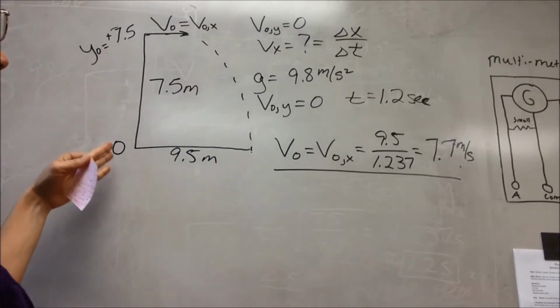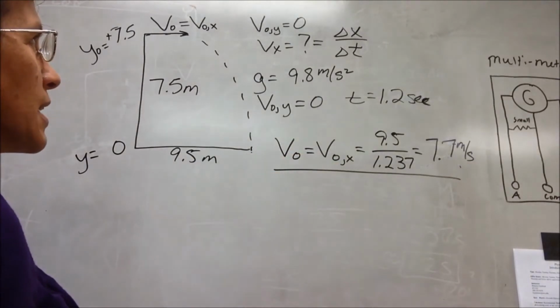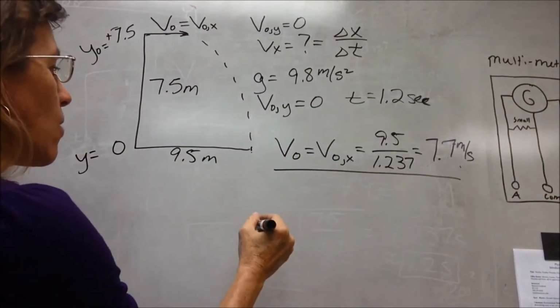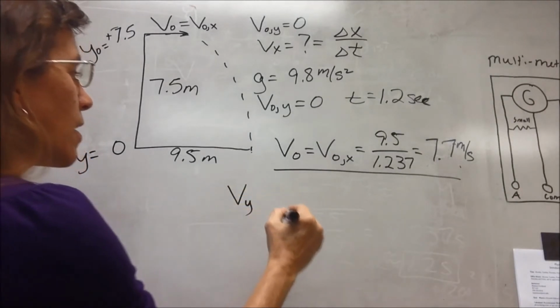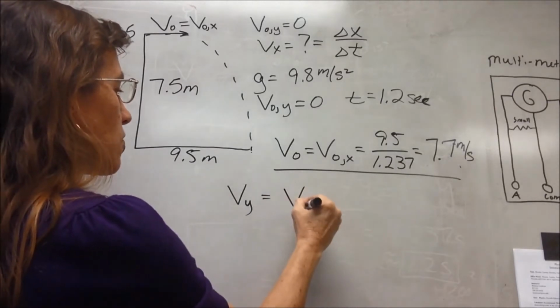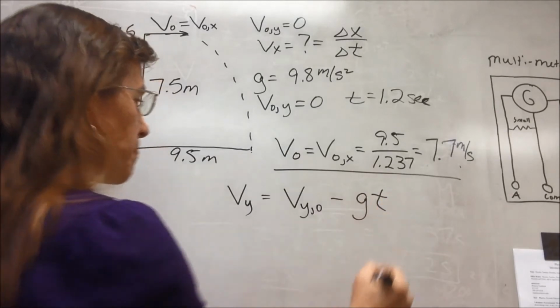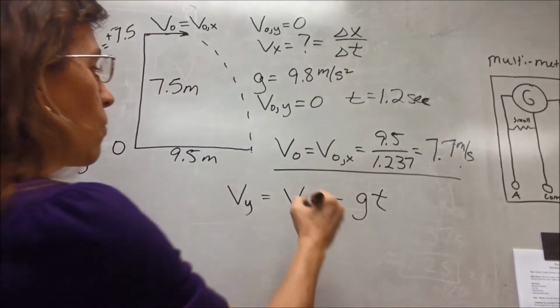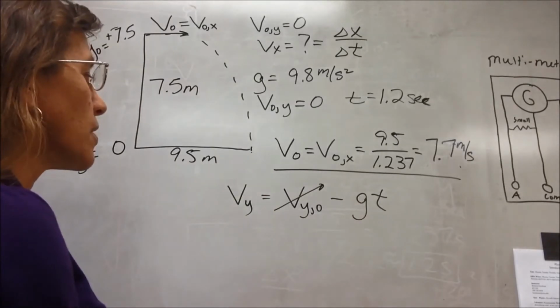So if we're going to solve for the final velocity, the first step would be to find what the final velocity in the y is. And to do that, we can use the equation: final velocity in the y equals initial velocity in the y minus gravity times time. Our initial velocity in the y, as you recall, is 0 because all of our initial velocity is in the horizontal direction.